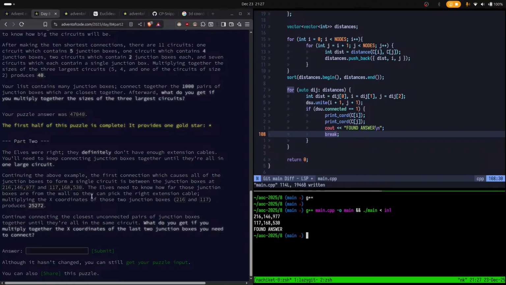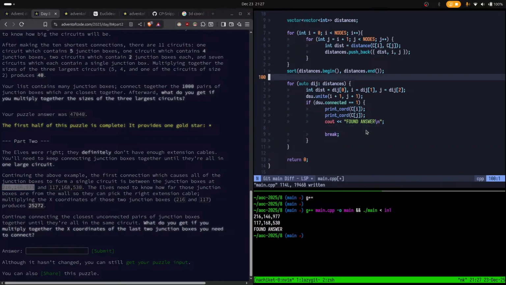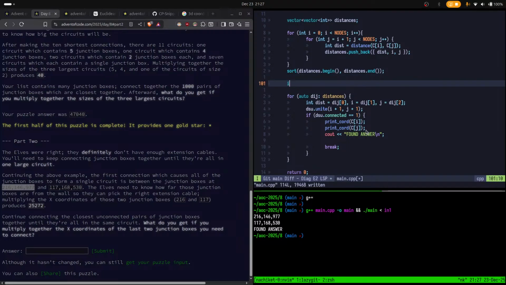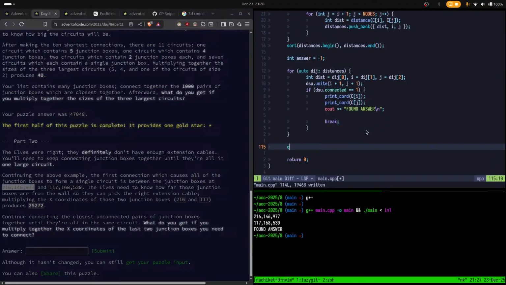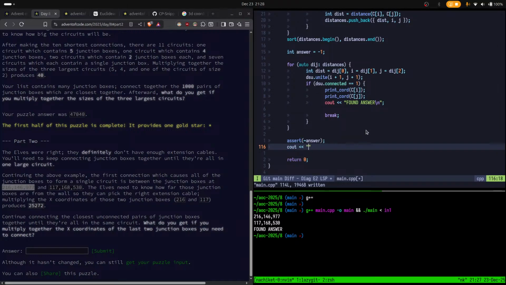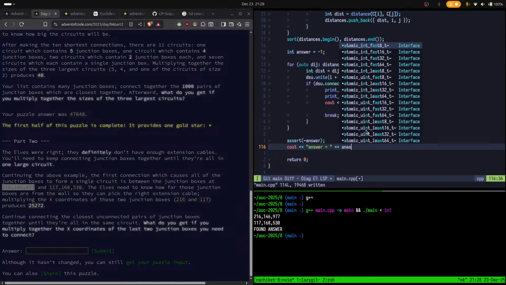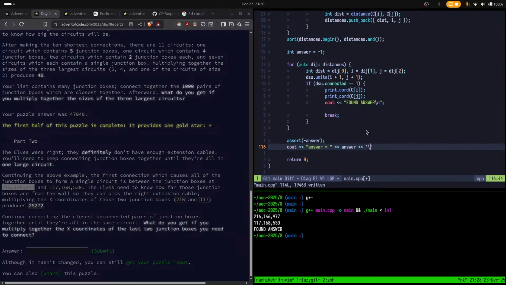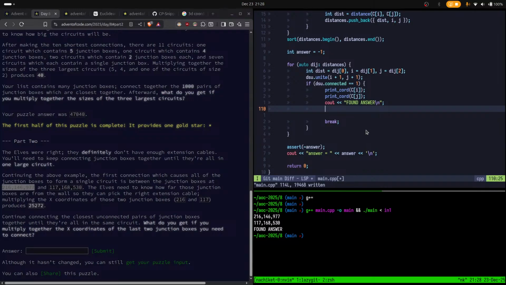Okay, 216, 146, 977, 117, 168, 530. Cool. Let me find out the answer here itself. The answer is, let's say -1 just for assertions. And what was the thing that we need to compute? The product of x coordinates.